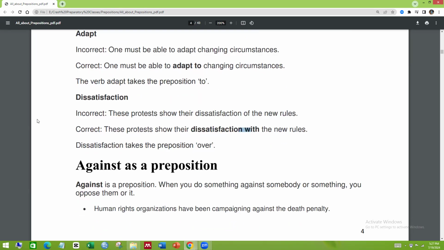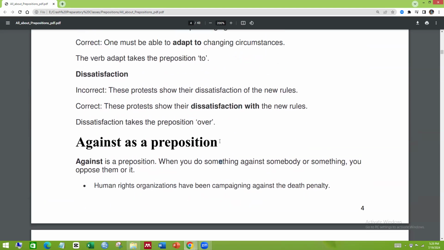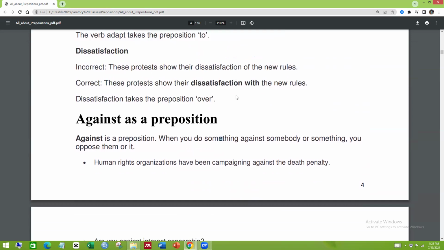So we have two variations with dissatisfaction. The easy way is that whenever you confirm the meaning of any word from the dictionary, then in the sentences and in the detail about the word, a proper preposition or its classification is used. So we must see which preposition is used with which word, and which group of prepositions goes with any word. This is one way to get command over prepositions. The second is that you read a list of prepositions, the appropriate prepositions, like we have this list. In this way, too, things can be covered.